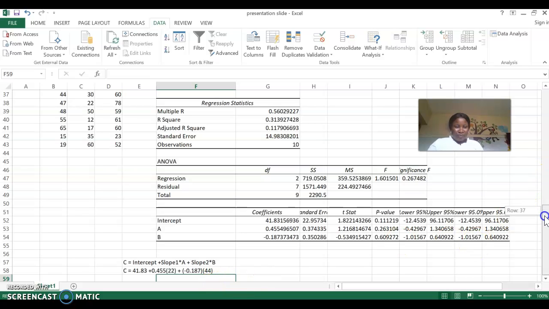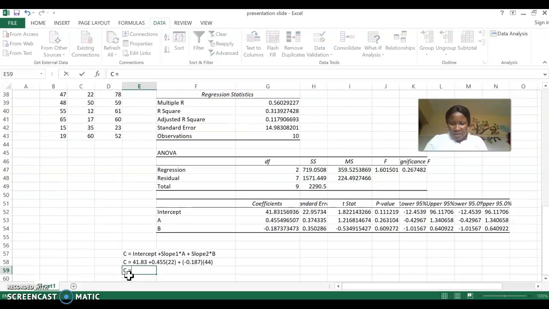Alright, so now these are my values. To solve this, I'm going to be having C equal to 41.83 plus 0.455 times 22, which will give me 10.01. Then when we have plus and negative, it will give me negative. So when I multiply this, it gives me 8.228.